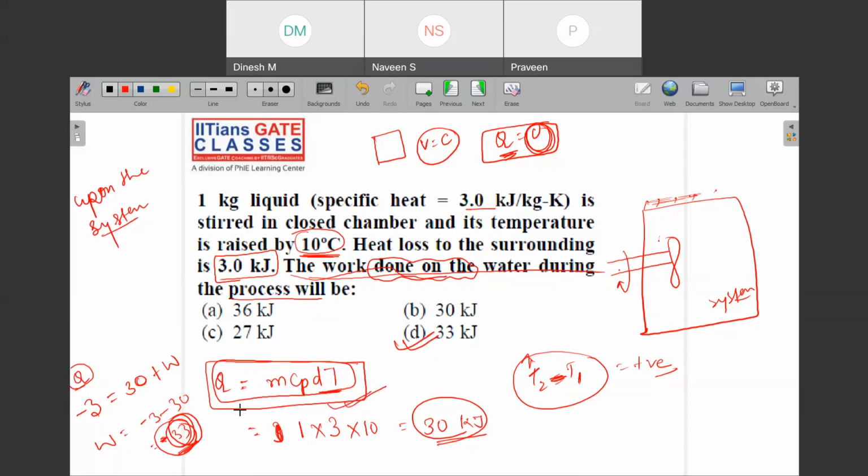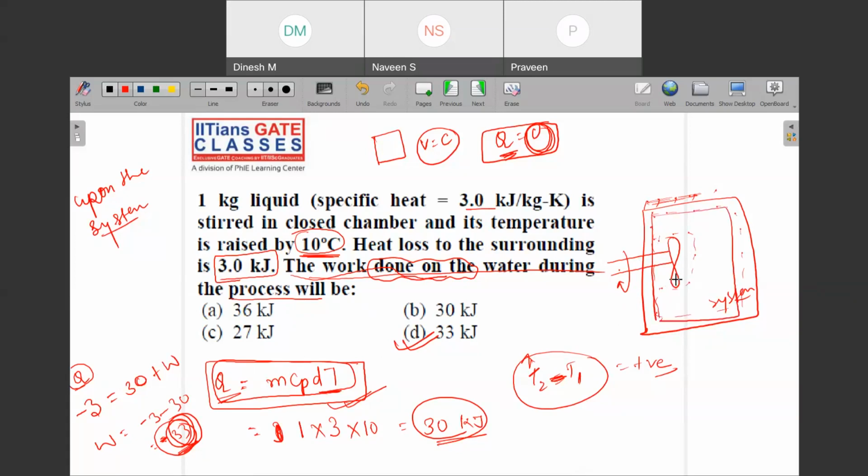Later I appreciated that since this is a closed chamber, the stirrer which you were using to stir is giving work, which is raising its internal energy. The stirrer is also part of the system only.